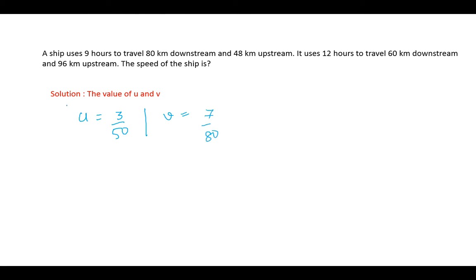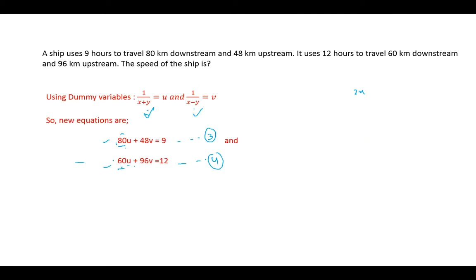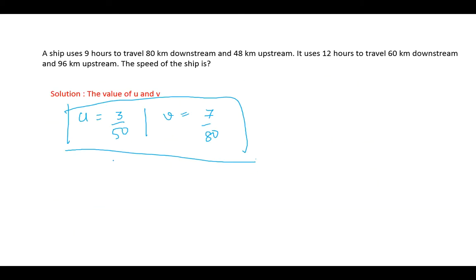Now remember we had taken u and v as dummy variables, and our main purpose is to find the value of x minus y and x plus y. If you remember properly, we have taken u as 1 by x plus y. Which means 1 by x plus y is nothing but 3 by 50, and therefore our x plus y is 50 over 3.